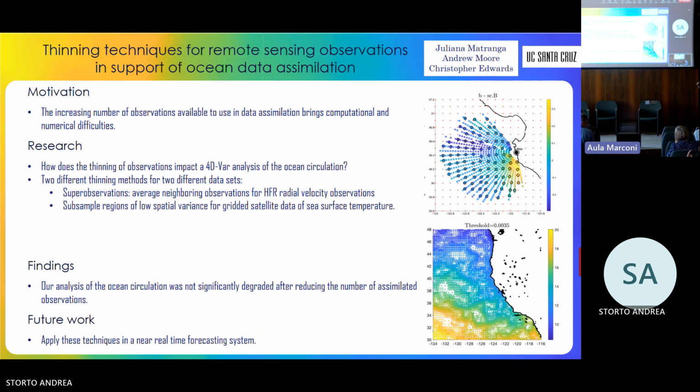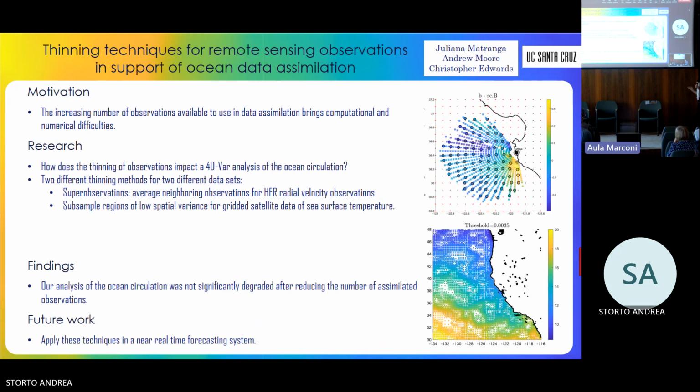I implemented two different algorithms for two very voluminous data sets that we use for assimilation. For the HF radar radial velocity observations, I use a simple thinning technique in which I combine several neighboring observations into super observations.